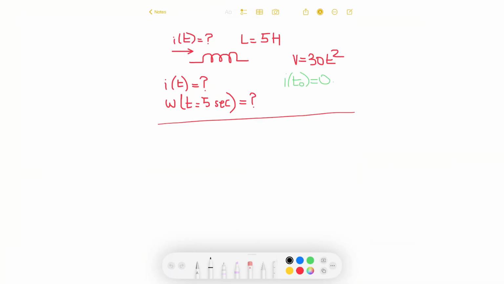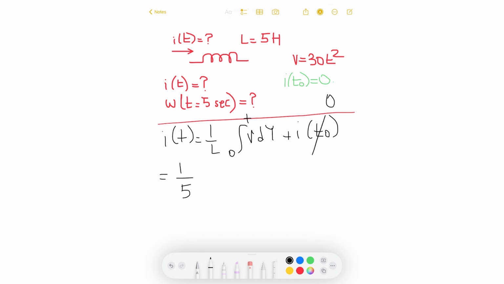Now, let us go through this example of finding the current across the inductor. We first know that the formula I(t) is equal to 1/L, integration from 0 up till t of v dτ, plus I(t0). This is already 0 from the given. Now we can substitute for L, which is 5, and for V, which is 30τ squared, dτ.